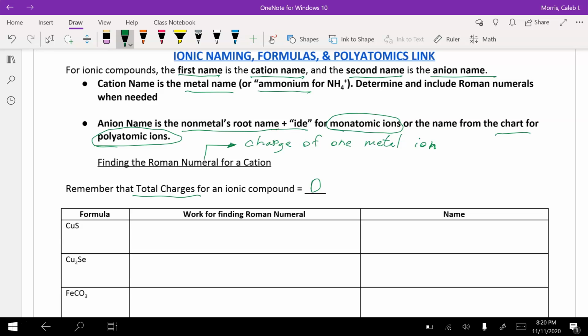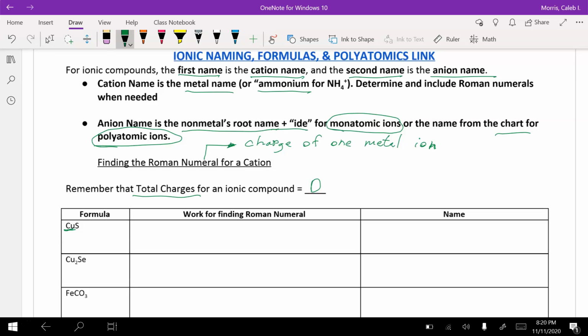Now we always know the negative charge, but we've got to use a little bit of a technique to figure out the positive charge sometimes. Copper is one of those metals. We don't know the charge of it. It's not in group 1 or group 2, and it's not silver, zinc, or aluminum. It's one of those many metals that we don't know the charge of.